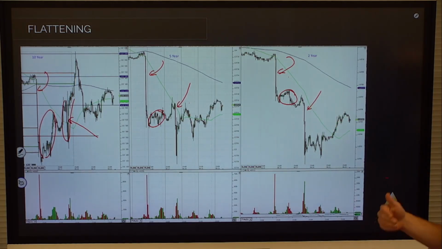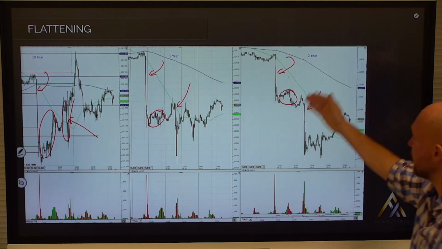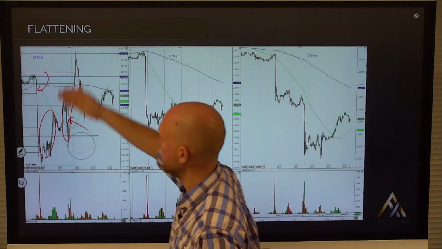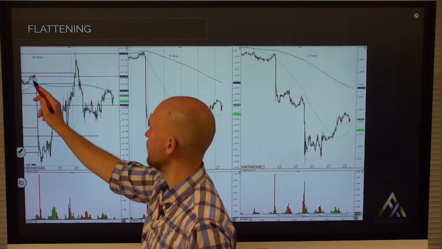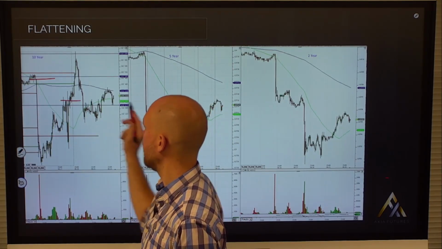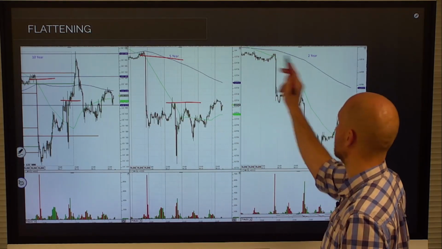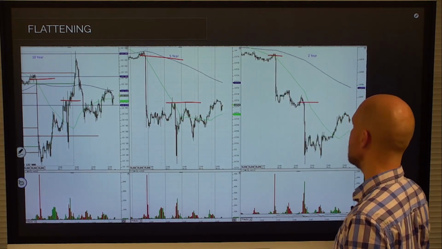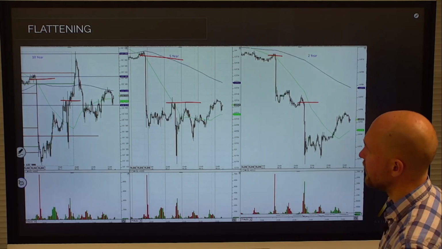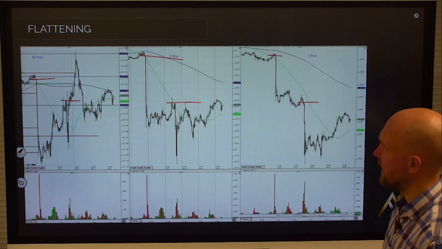So if you just have a look at where everything is in comparison to the Fed, there's the Fed, there's Bullard's comment, there's the Fed, there's Bullard's comment, and just look relative as to where everything is.